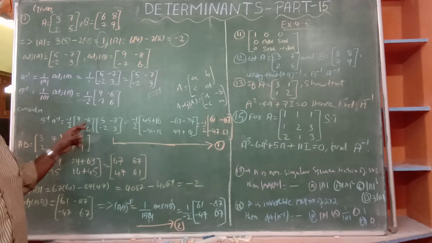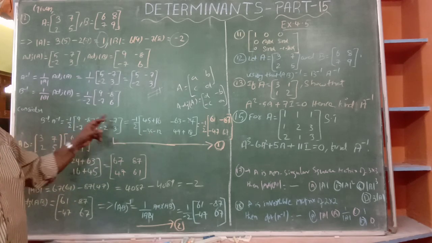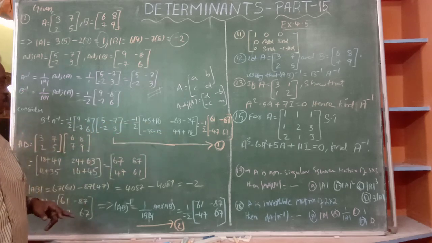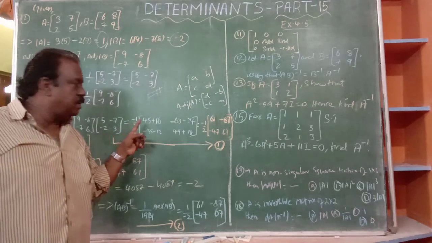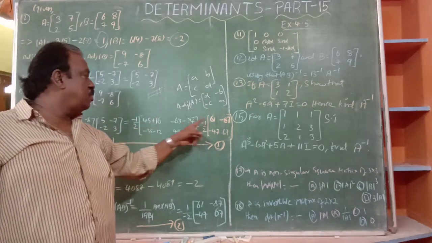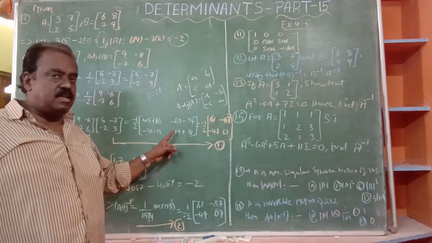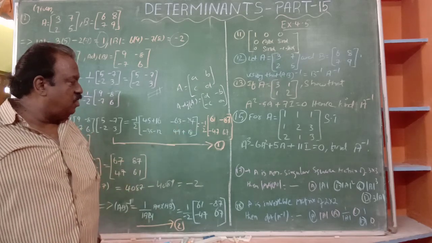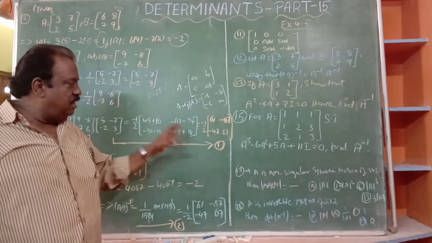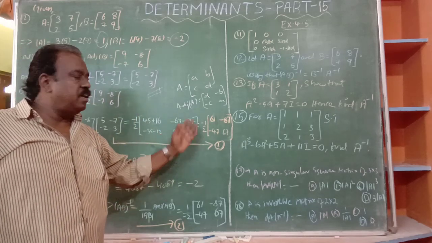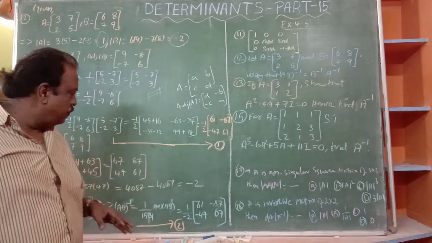Similarly, minus 7 into 5 is minus 35, 6 into minus 2 is minus 12. Minus 7 into minus 7 is plus 49, 6 into 3 is 18. The sums are 45 plus 16 is 61, minus 87, minus 47, and plus 67. Minus 1 by 2 I put as it is; I didn't multiply the elements by this constant.